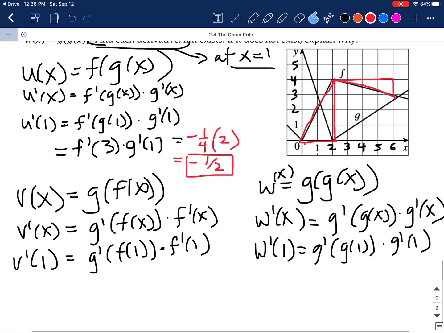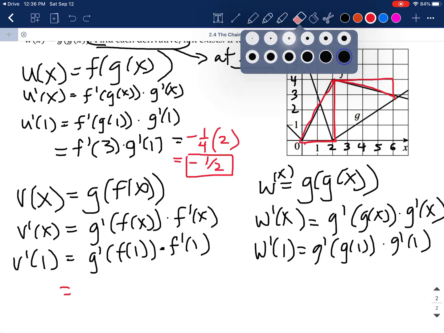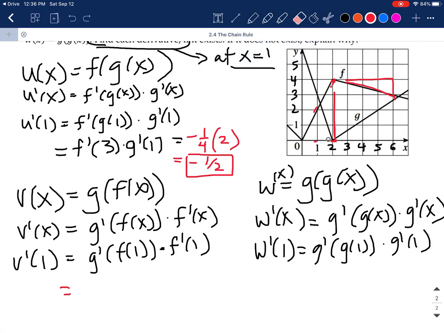Good. And then v prime of 1 is going to be f of 1. F of 1, let's go ahead and get rid of that for a moment. Oops. Got rid of too much there. So f of 1 is 2.